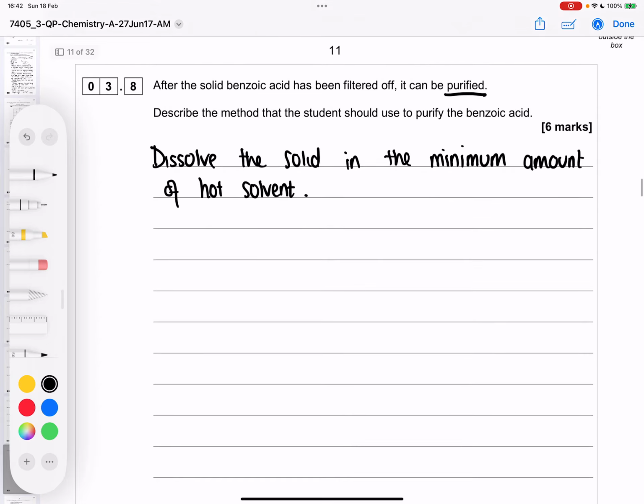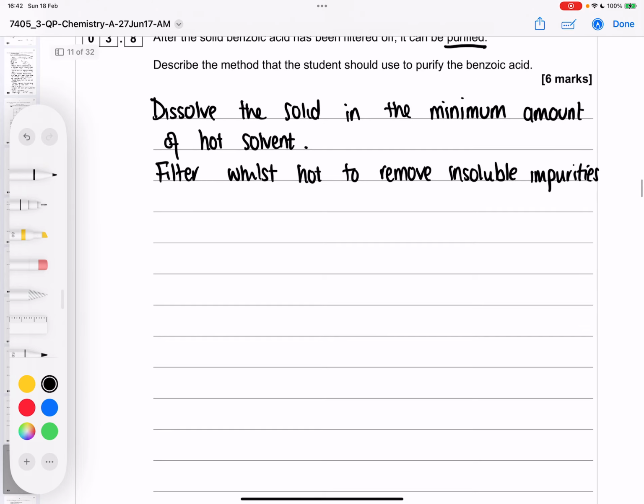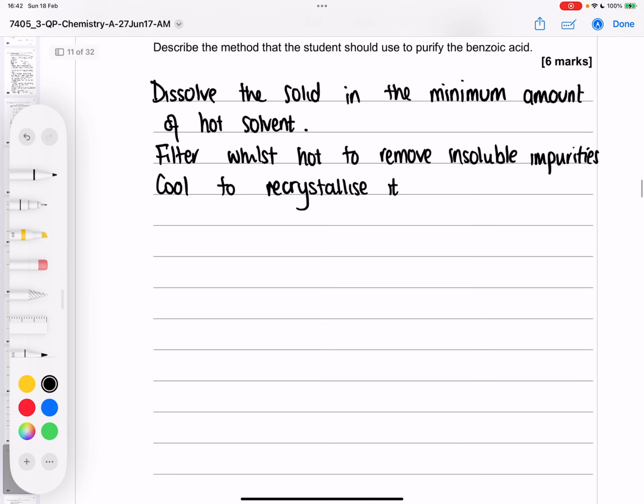You often, if you can, would filter whilst hot to remove insoluble, so the bits that didn't dissolve, insoluble impurities. Then you would cool it down to recrystallize it. And then you're going to use your Buchner funnel.